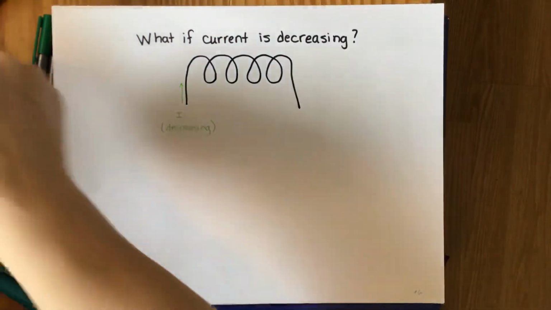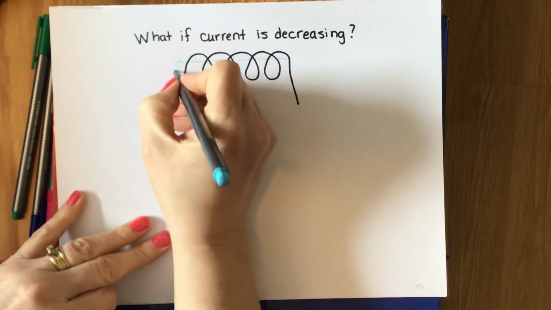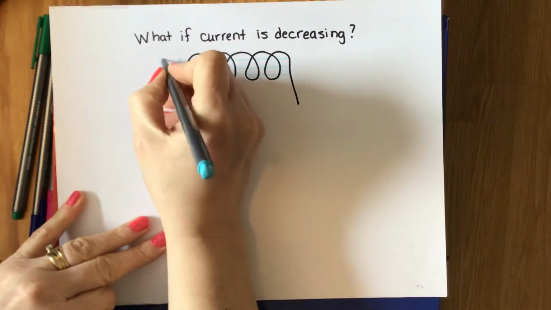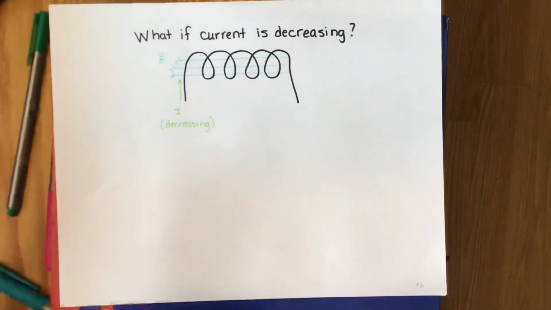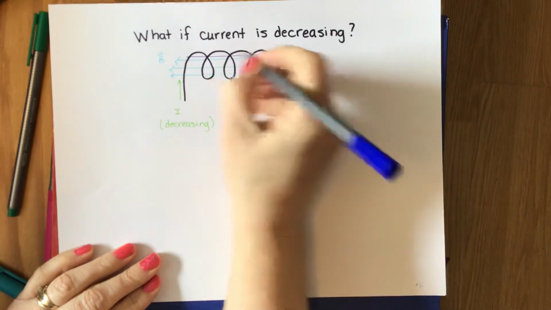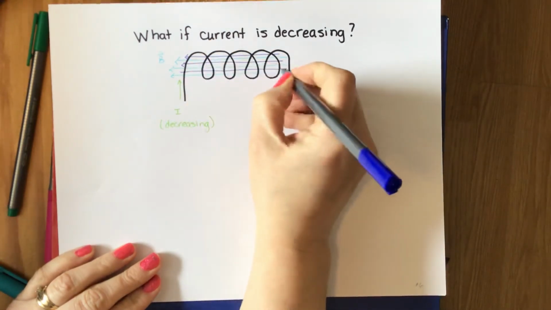That current I makes this magnetic field B. If we decrease I, we decrease B. So what is the induced magnetic field that we get? That induced magnetic field would have to match this field, because if this field is getting weaker, then we'll have to make more field that points in the same direction to keep it strong.